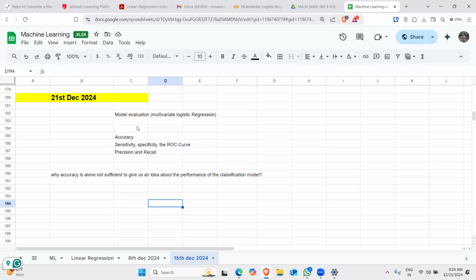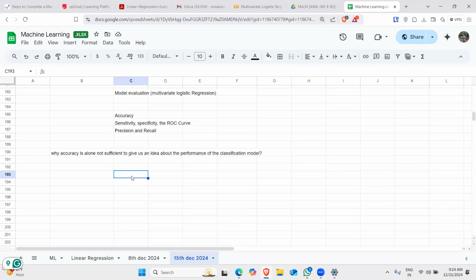We'll see how accuracy alone is not sufficient to give us an idea about the performance of your classification model. So we'll take a scenario where accuracy fails.